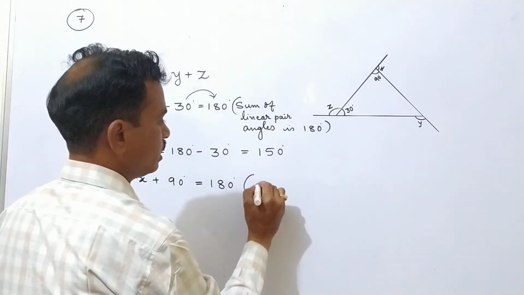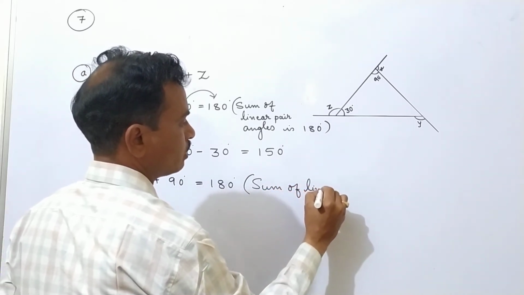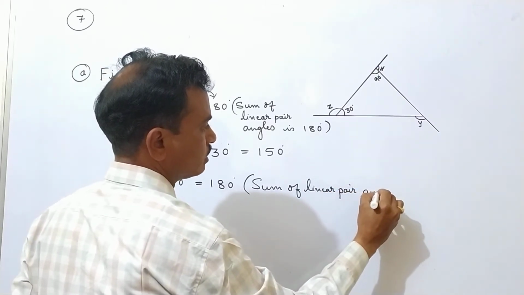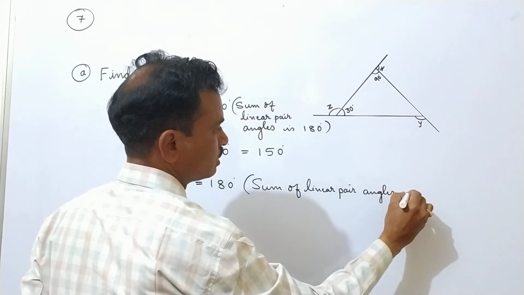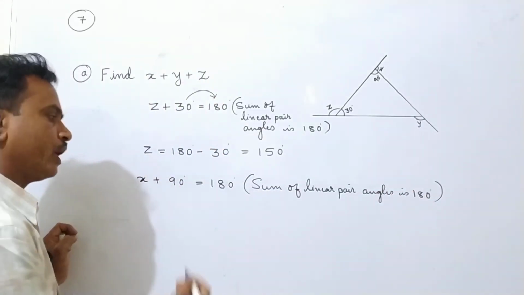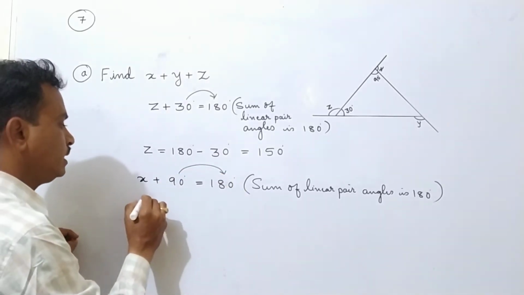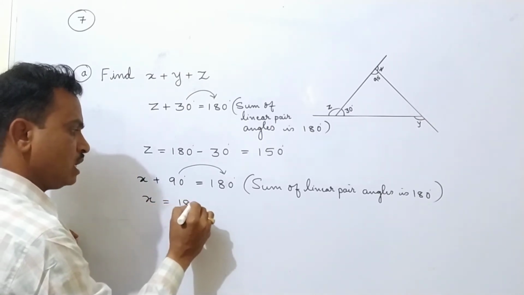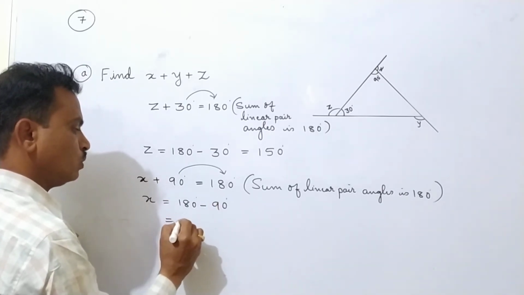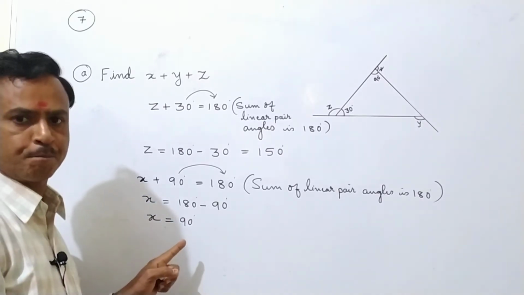Reason, what we should write here: sum of linear pair angles is 180 degree. The 90 degree should be taken to the right hand side. So x is equal to 180 degree minus 90 degree, which is equal to 90 degree. So x, we got 90 degree.